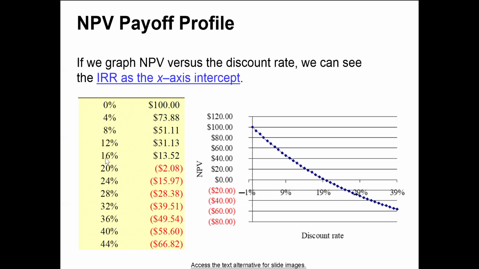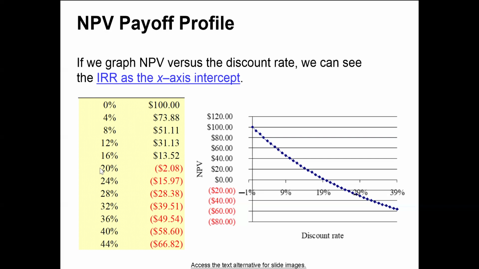So by trial and error, you can identify that the IRR, the rate that makes the NPV equal to zero, lies between 16% and 20%.